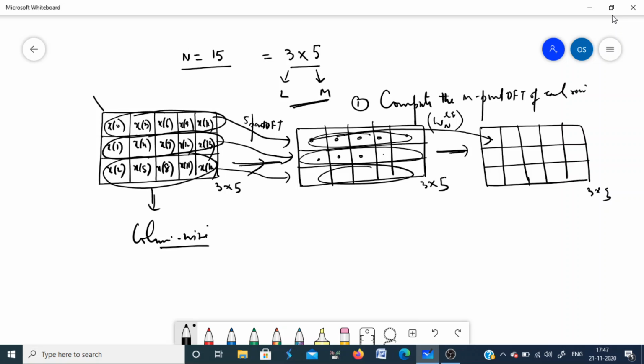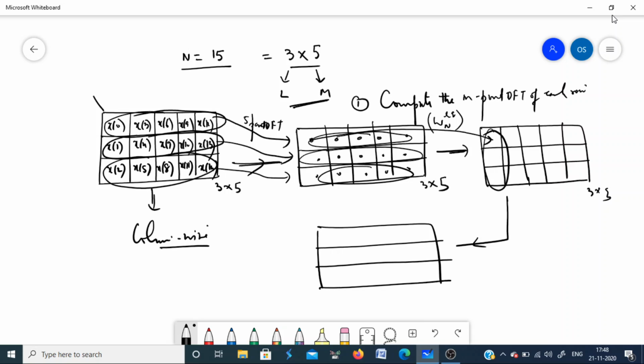Okay, so you can see what is the l and q for each point. And then after computing this, finally you have to find the 3-point DFT of each column. L-point DFT, it means you have to find 5 3-point DFTs. So you find the 3-point DFT of first column, then second column, and so on, and you store the data again in a 3 cross 5 matrix.